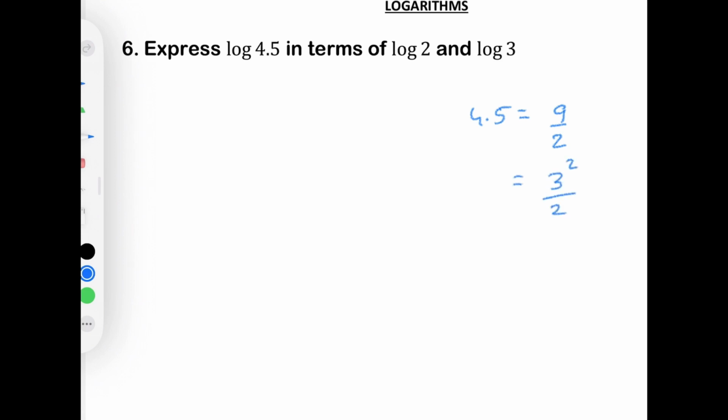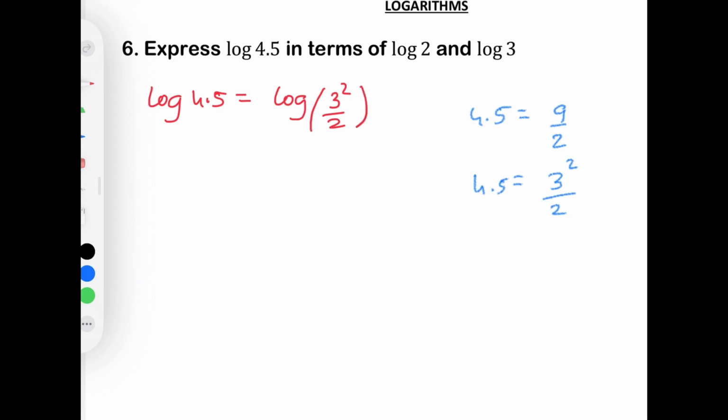So 4.5 is equal to 3 squared upon 2. So we can write log 4.5 equals log of 3 squared upon 2.